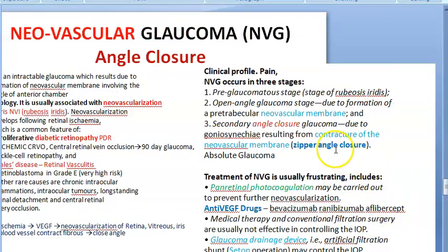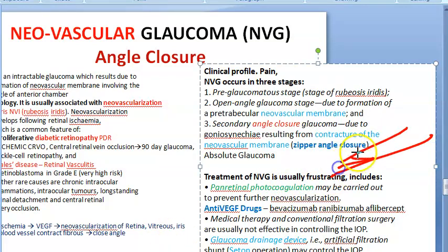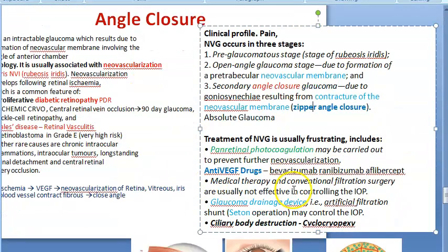You have the pre-glaucomatous stage of rubeosis iridis, then you have the open angle glaucoma stage where there is a pre-trabecular neovascular membrane, and then this contraction of this neovascular membrane happens. Zipper angle closure, remember, zipper angle closure. So this is more like a zip. Goniosynechiae, right?